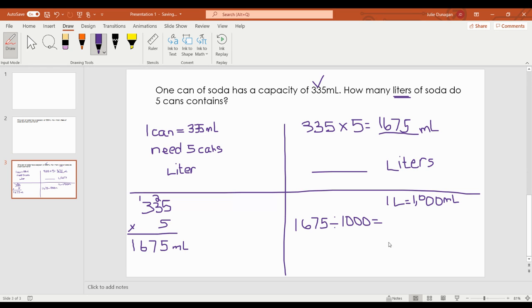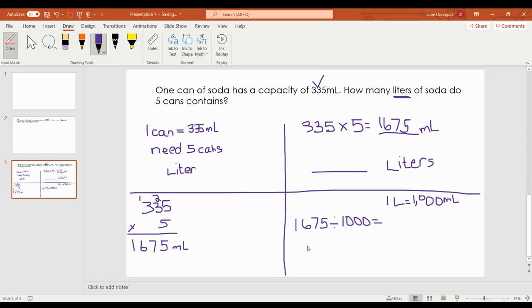If we think back to the penguin video from the other day and moving things across the place value chart, right?